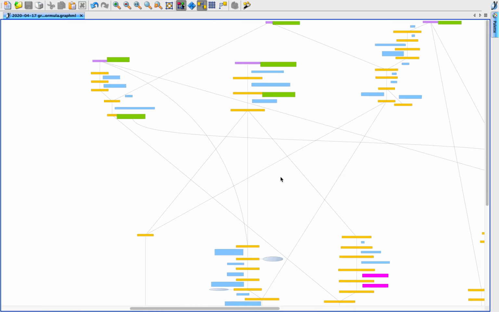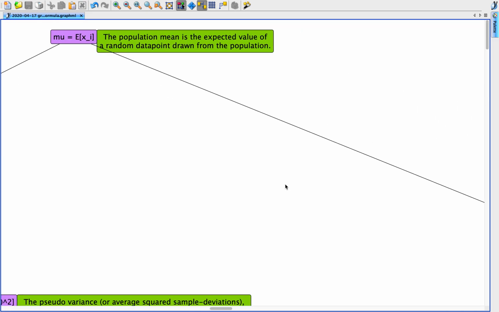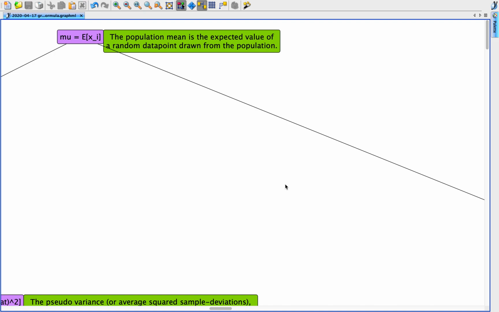So to start with, I'm just going to zoom in here. The first thing is we're going to define mu. Mu is the population mean, and it is defined as the expected value of a random data point drawn from the population.